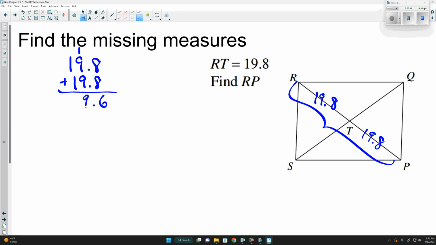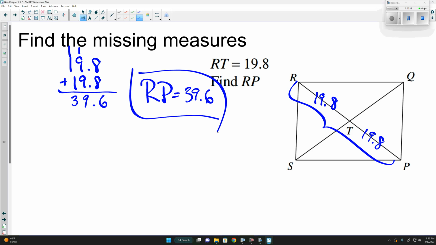Carry the 1. We'd add the 1. So RP is 39.6, or we could have multiplied 19.8 by 2. Either one works. Yep.